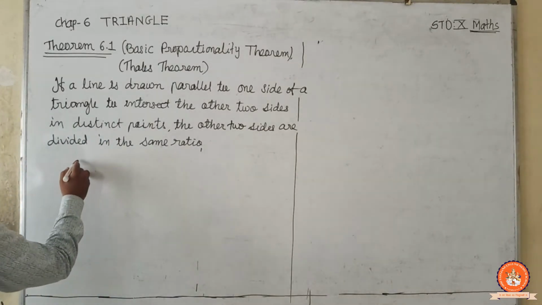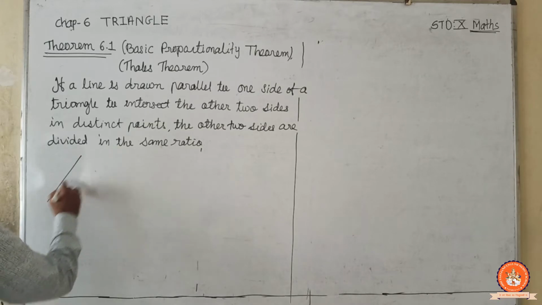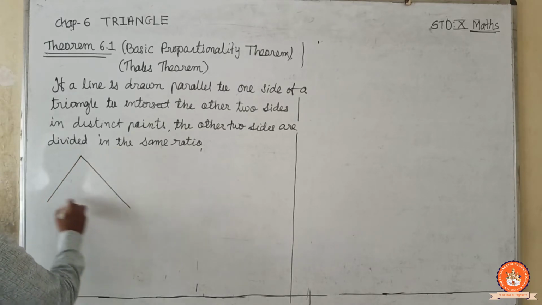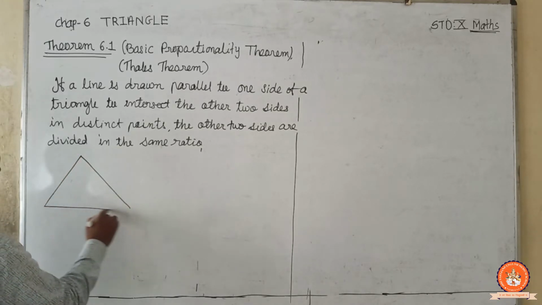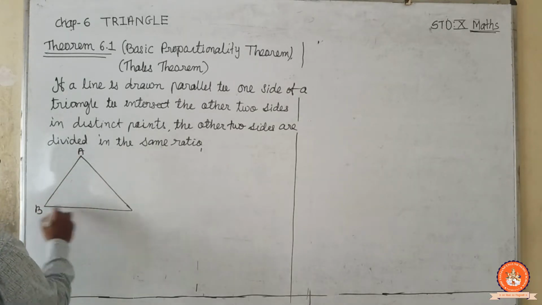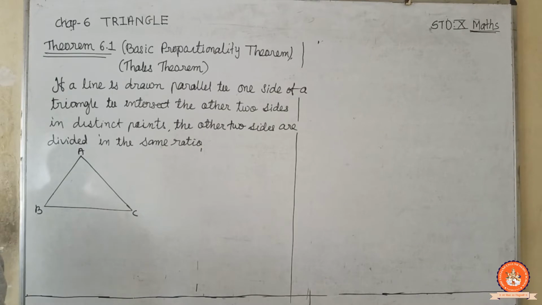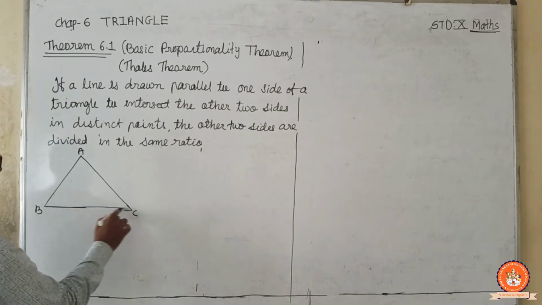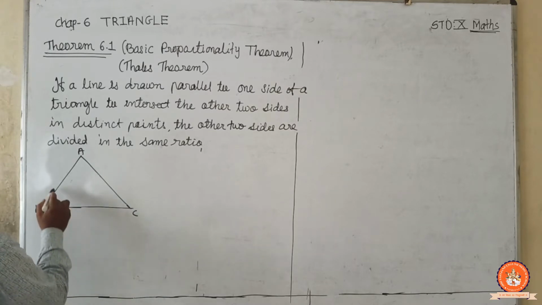Look at it. It's a triangle ABC. In triangle ABC, a line is drawn parallel to one side of a triangle to intersect the other two sides. Now look at it.